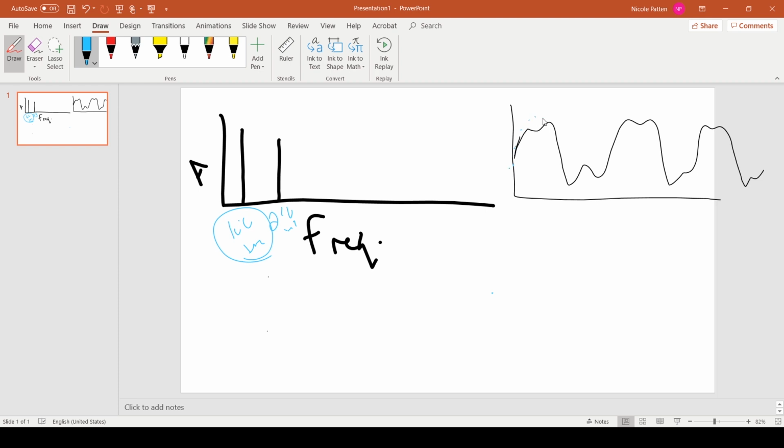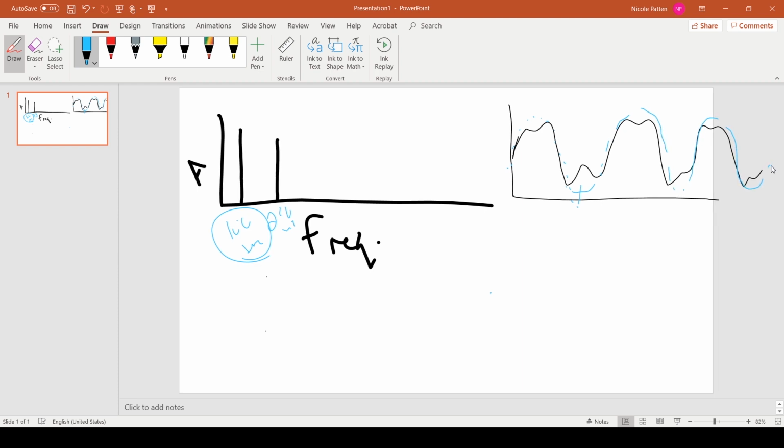It's this one. You can kind of draw a dotted line right here. And if you drew a dotted line over the shape of this wave, you end up with this 100 hertz tone. That's what I've got in the blue little dotted lines. That's called the carrier frequency. It's also called the fundamental frequency.